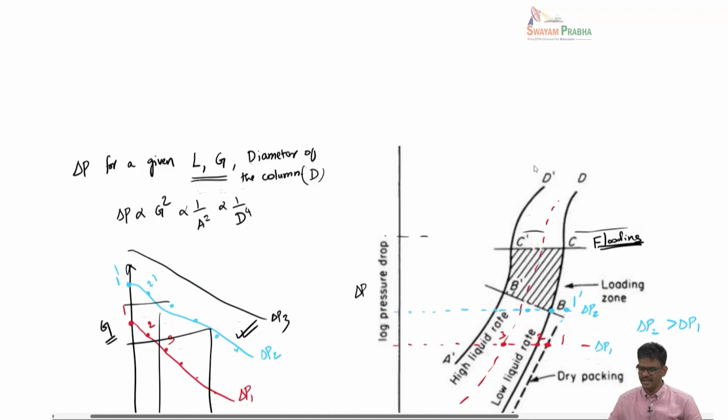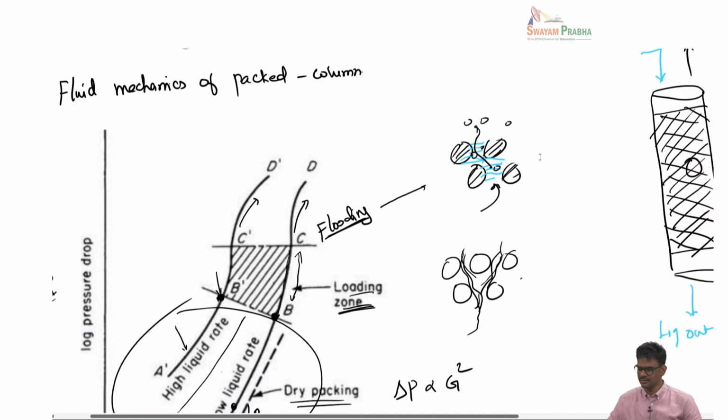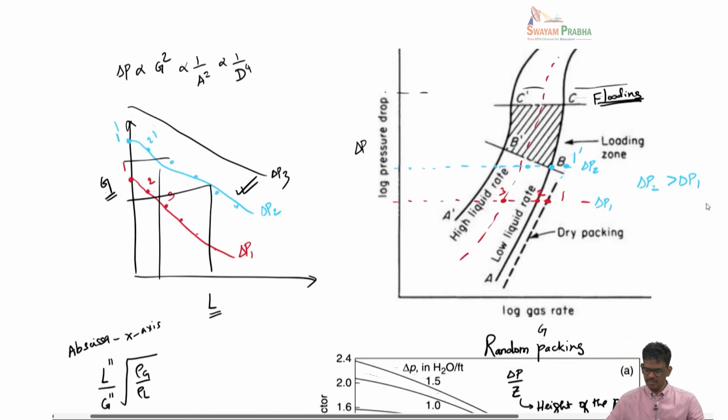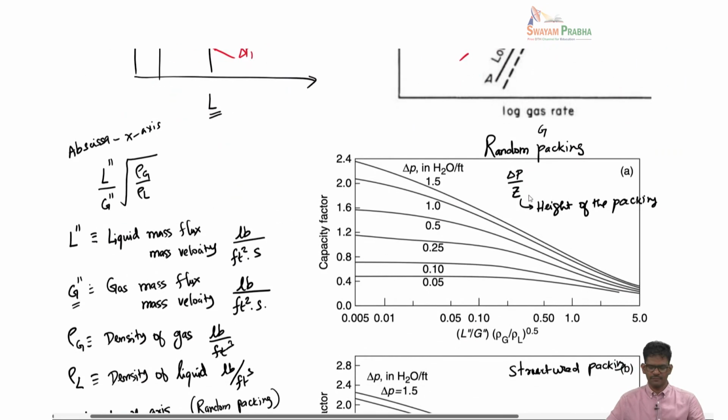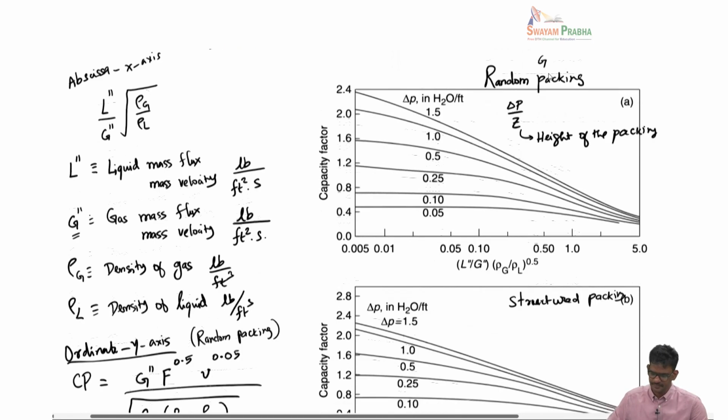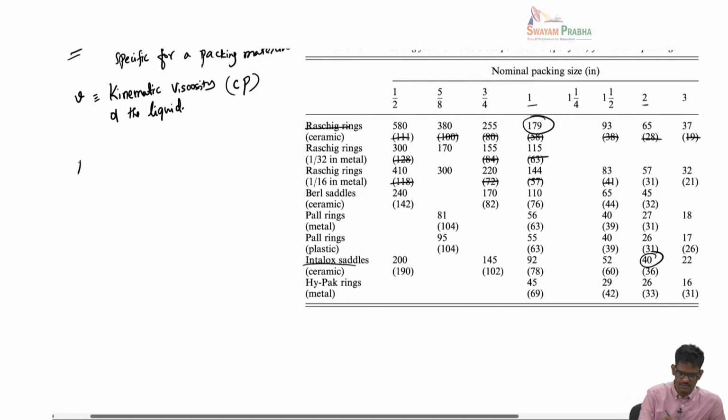What I mean by height of the packing is, if I go back here, this entire packing height is the total packing. The total pressure drop is measured and then divided by the height of this packing, that is the delta P for 1 foot of packing. So if you look at the unit system for delta P by Z, this is actually given in the units of inches of H2O over 1 foot of packing.